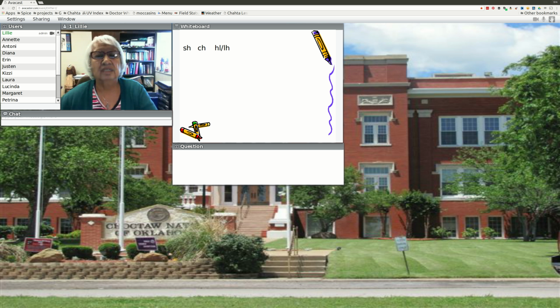And these are the SH and CH and the aspirated L. SH, CH are digraphs. Two letters to represent a single sound. SH, CH, and the aspirated L.